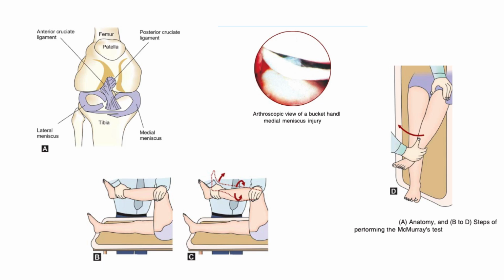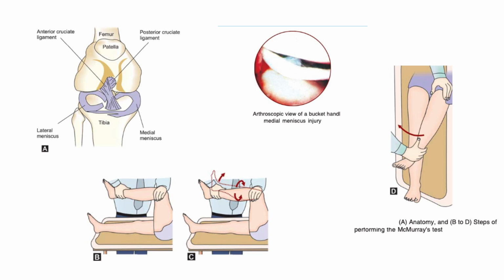A meniscal tear during these sports is accompanied by anterior cruciate ligament tearing in more than 80% of the cases. Most patients report an acute onset of sharp pain following a twisting injury with the knee flexed and the foot planted on the ground.